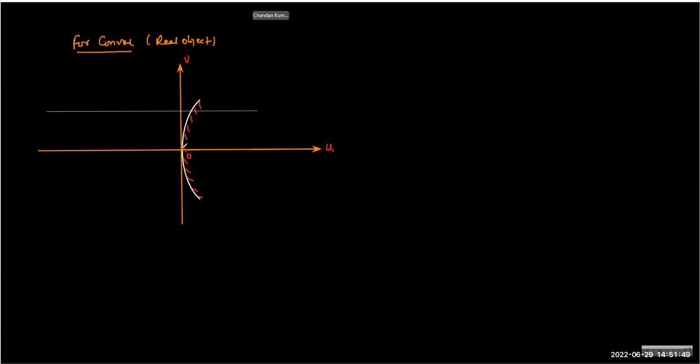So at the pole, it will be at the pole only, and at infinity, the height will be 0, f. So you will have a simple graph like this, not difficult at all. So we are done with the graph part.